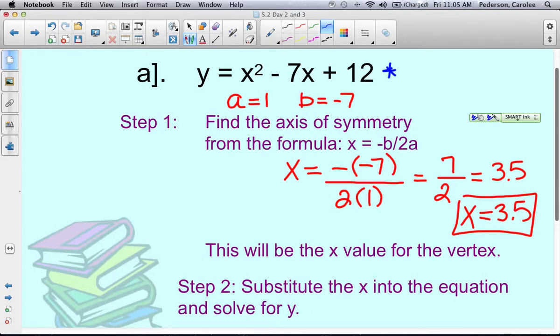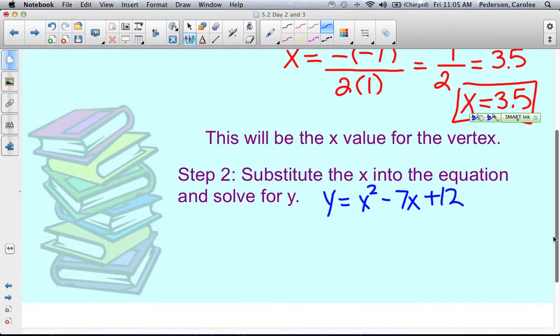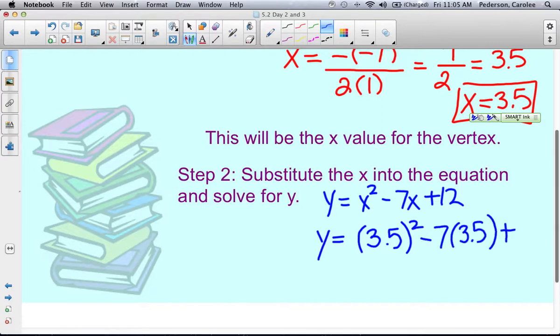Y equals x squared minus 7x plus 12. And we're going to substitute 3.5 in for x. So that's 3.5 squared minus 7 times 3.5 and then plus 12.